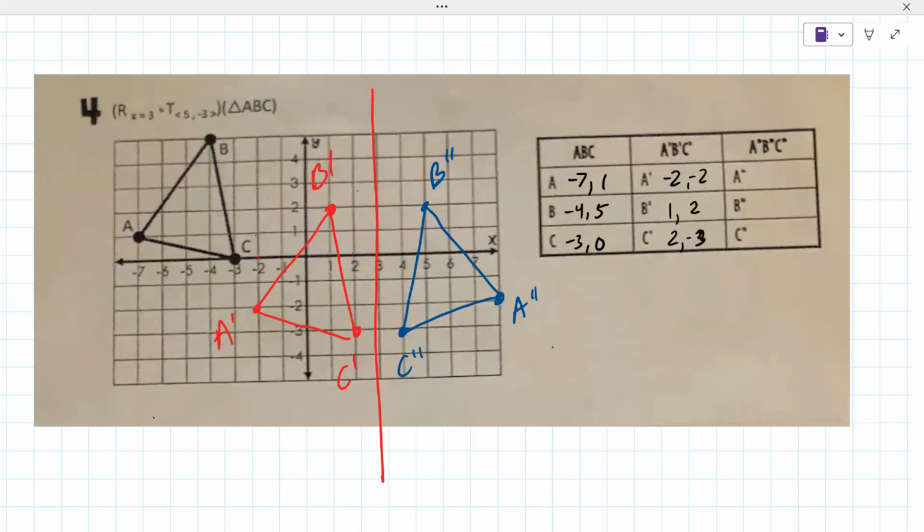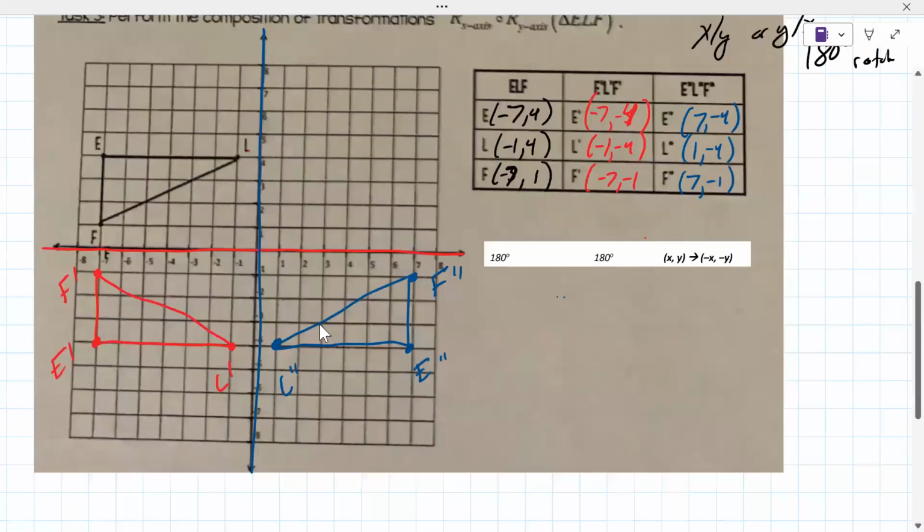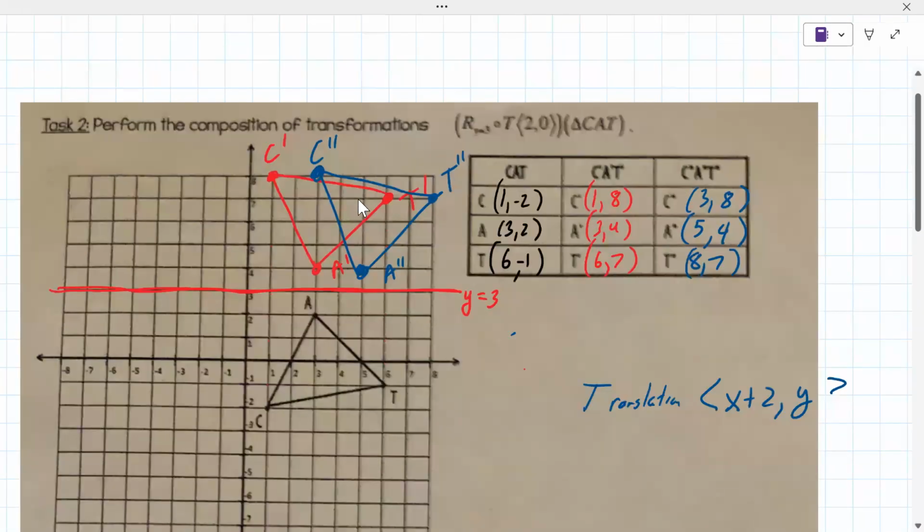Okay, so A prime prime is 8, -2. Good. B prime is 5, 2, and C prime is 4, -3. All right, very good. So I know it's a pain, but we really probably should go back and fix number two.